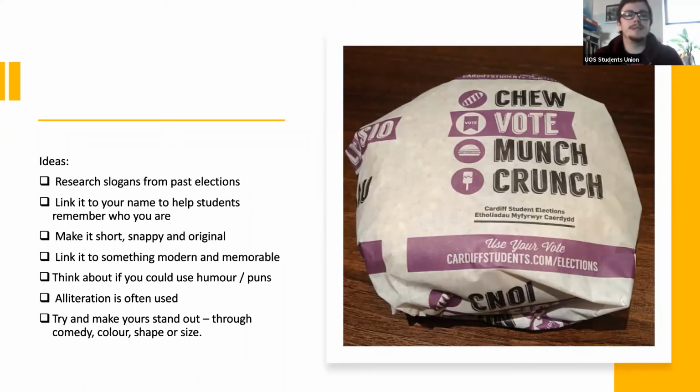So we need to see the poster designs to be able to approve them, just to make sure there's nothing offensive. We'll go through all of the rules in the candidate briefing, but we need to have them seen by the 5th, and that includes your manifesto. If you email su.democracy@uos.ac.uk, I'll put it in the chat as well, just email the design, and I'll reply saying, yeah, that's fine. Unless it's not, but I'm sure it will be. Okay, cool. Thank you.